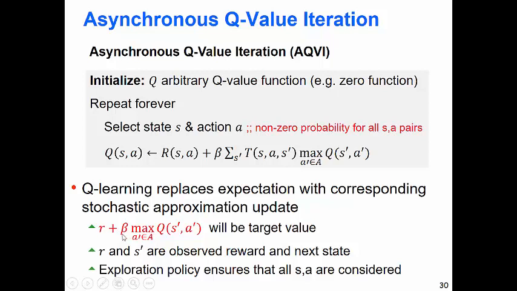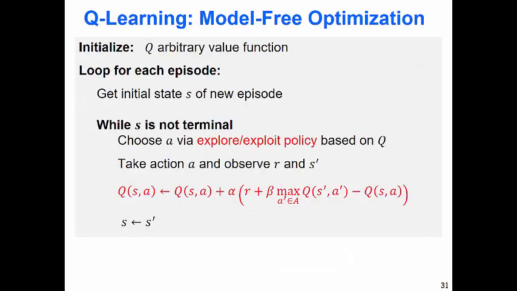We'll show that algorithm in a moment. If you took A in state S, you observed R, and you ended up in S prime, this is going to be your estimate of what Q(S, A) should be. And this is the Q-learning algorithm.